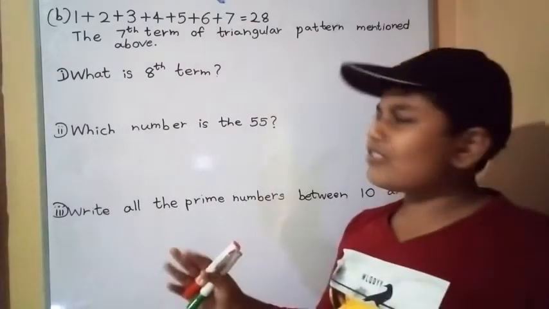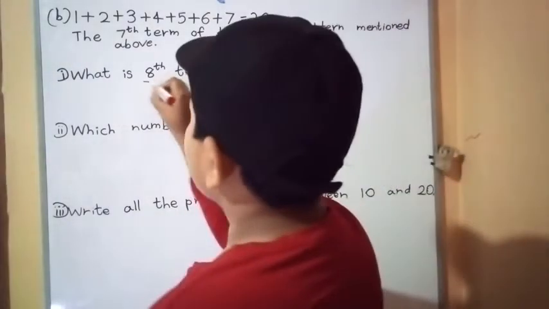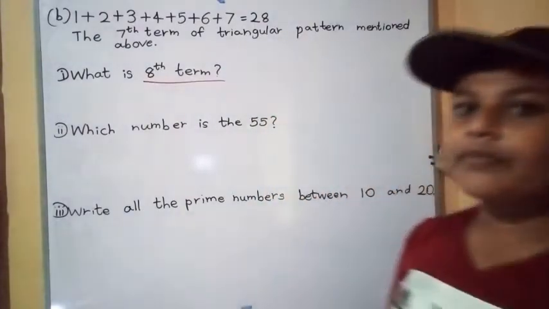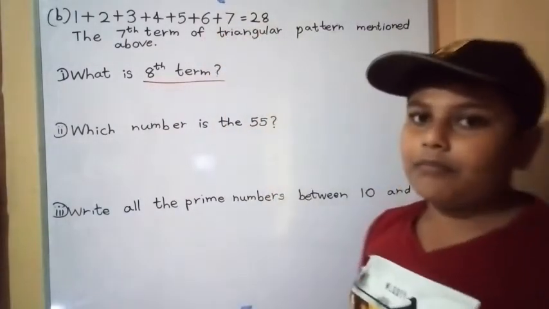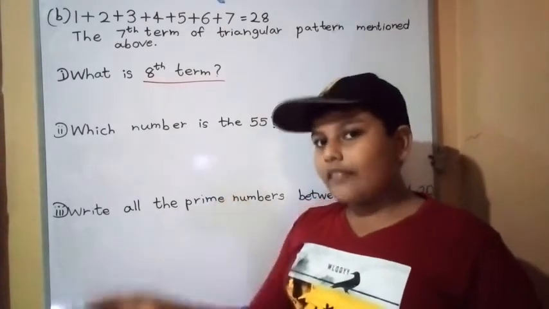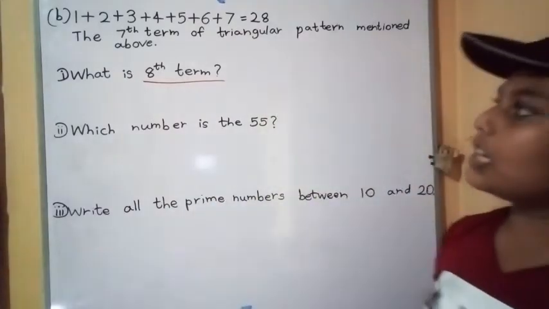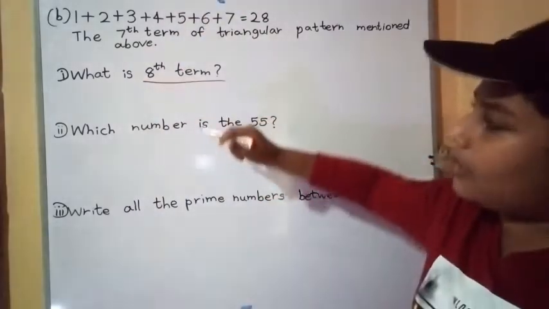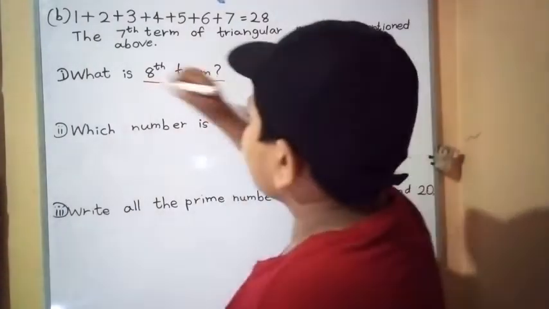Now, the first one, what is 8th term? 8th term means the above mentioned 7th term. 7th term means you want to write up to 7 the numbers, the whole numbers 1, 2, 3, 4, 5, 6, 7. Now, what is the 8th term? You want to add 8 also for this pattern.